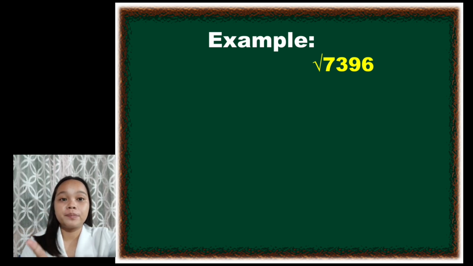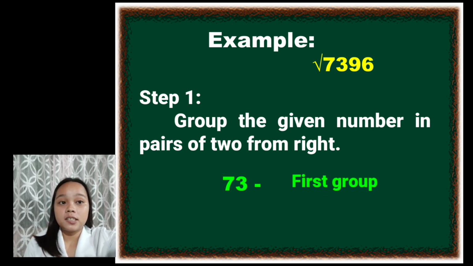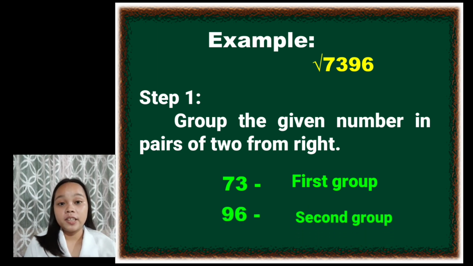Step 1. Group the given number in pairs of 2 from the right. 7,396 is the given number, 73 is the first group, and 96 is the second group. Again, 73 is the first group, and 96 is our second group.